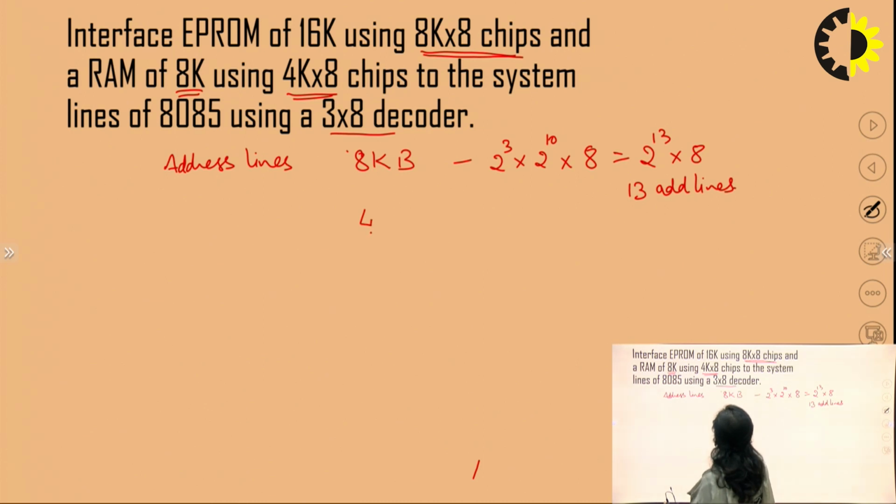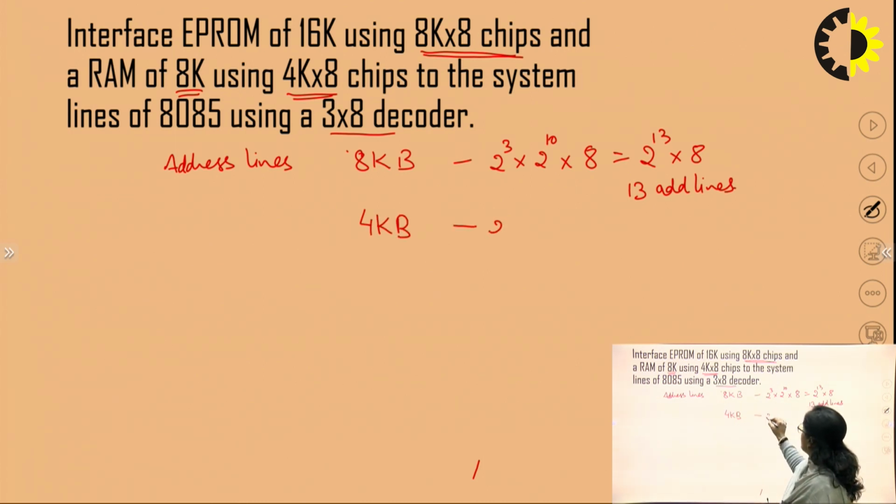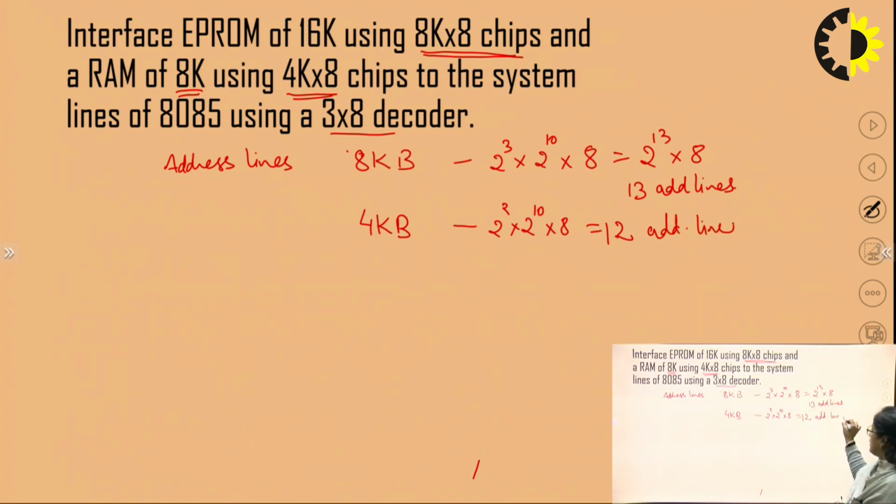To access 4 kilobyte of memory, we need 2 raised to power 2 into 2 raised to power 10 into 8, so we need 12 address lines. So we are left with only 3 address lines.